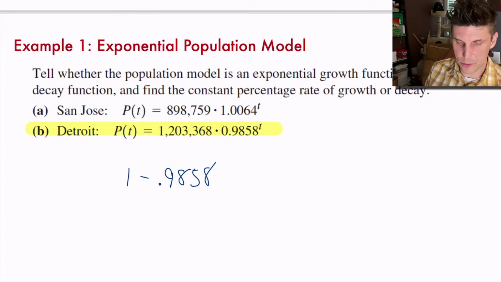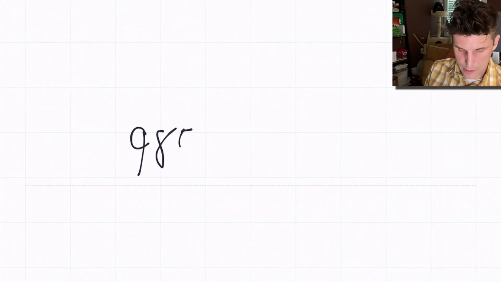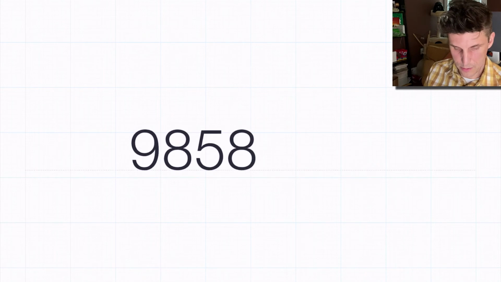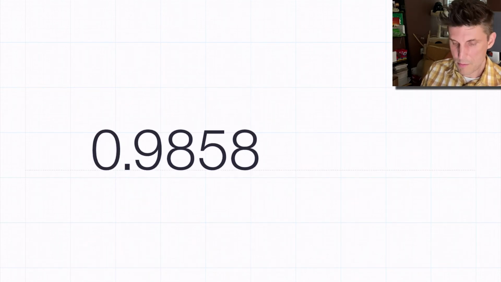Actually, I should probably go the other direction, right? So that's our number, and we're going to take away 1 from that: 0.9858 minus 1.